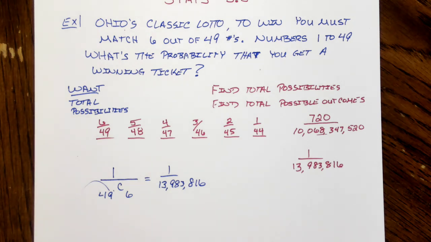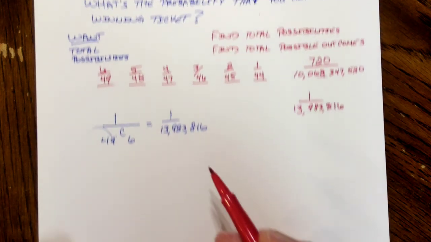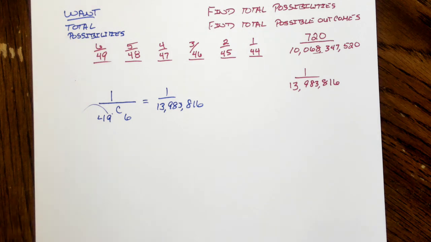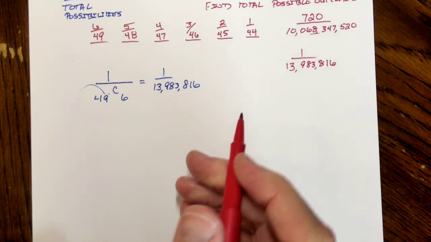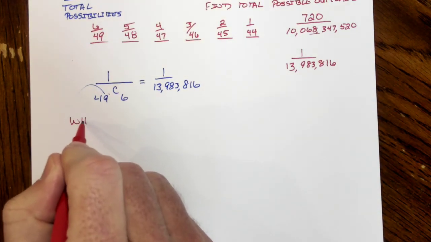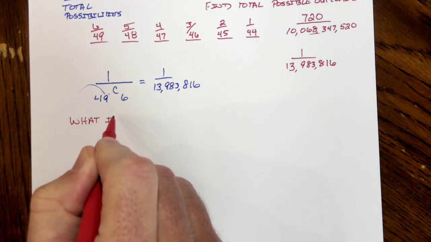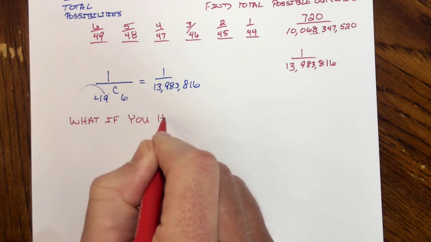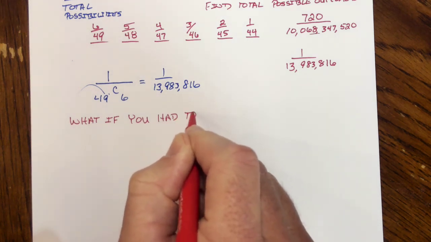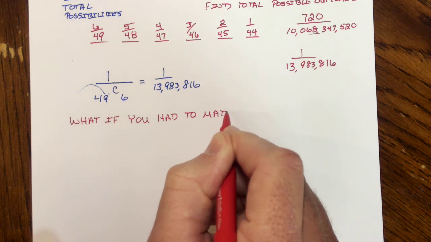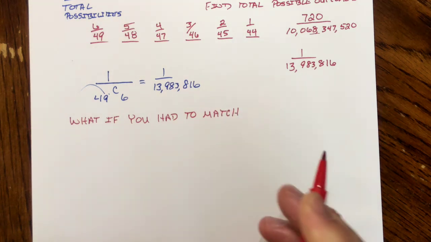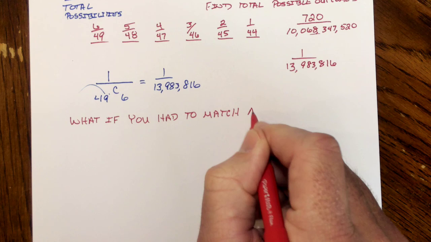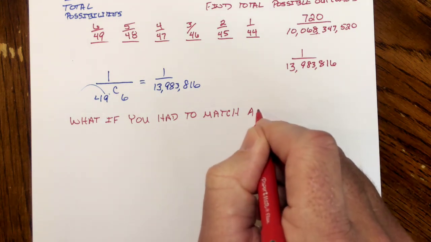Now, let's change the question. What if, as a challenge, the lottery does this? What if you had to match them as the numbers are drawn? So in other words, the order they come out.